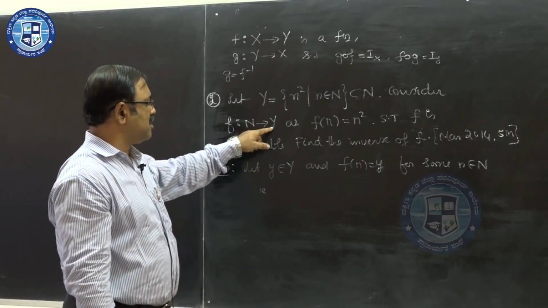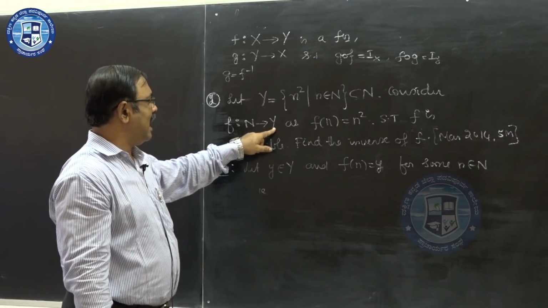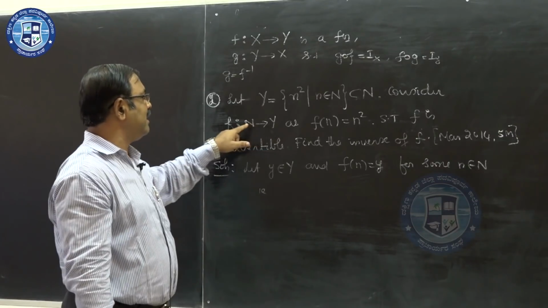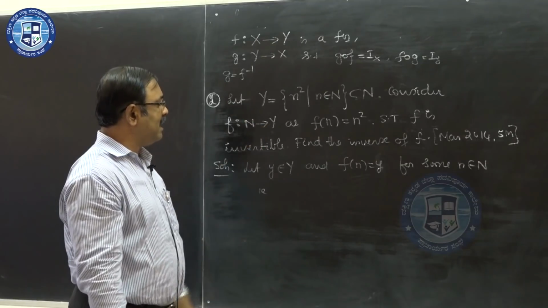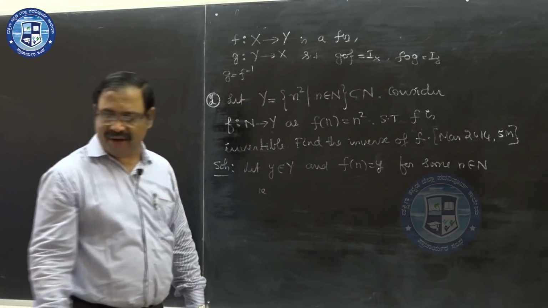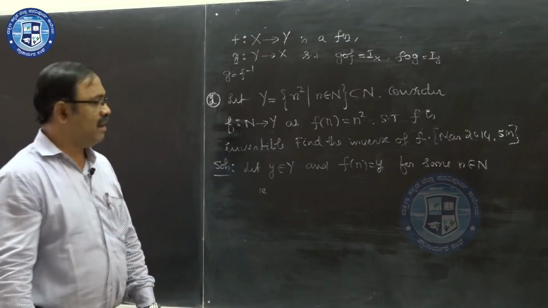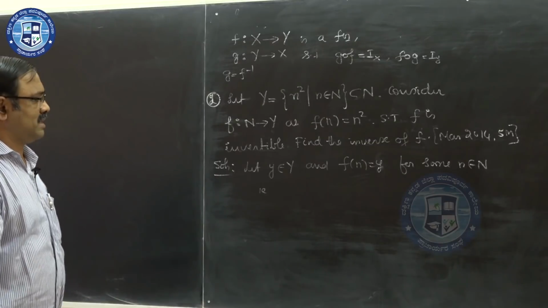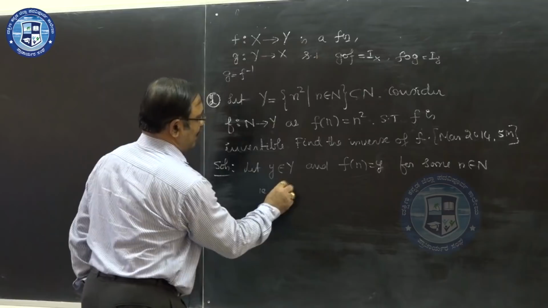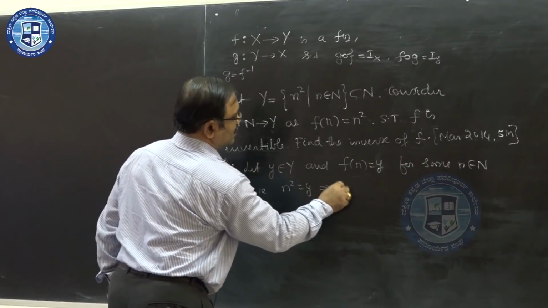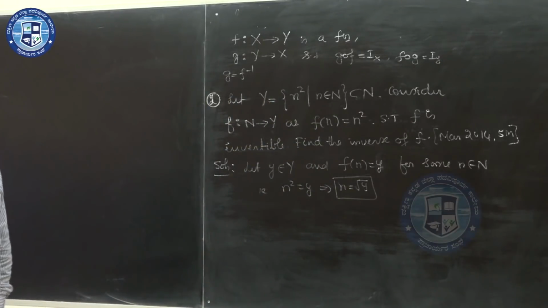I am taking an element y in the set Y, and I am finding an element n in N such that f of n is equal to y. What is f of n? N squared. So this implies n is equal to root y.